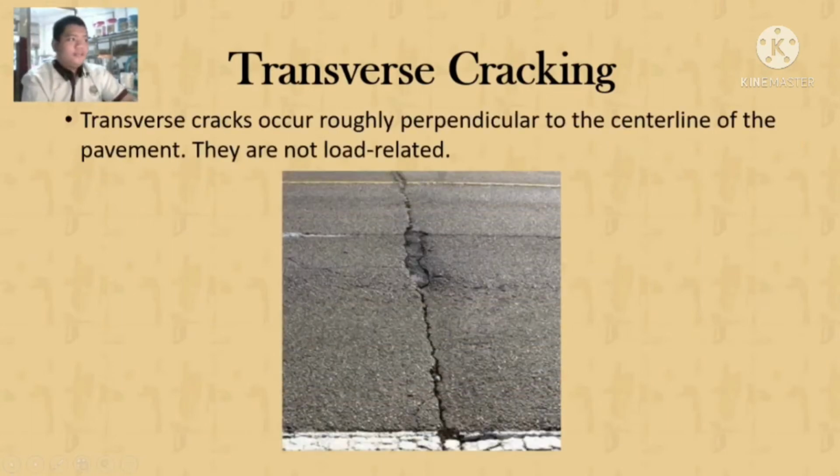Transverse cracking. Transverse cracks occur roughly perpendicular to the center line of the pavement. Just like longitudinal cracking, they are not load-related. They can be caused by shrinkage of an asphalt layer or reflection from existing cracks.